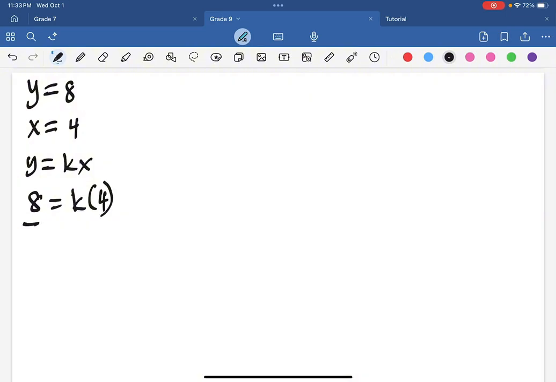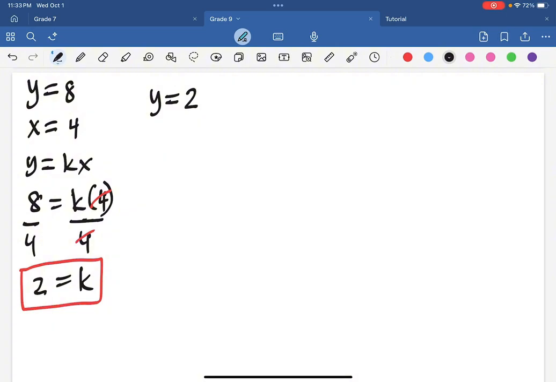Divide both sides by 4 so we get the value of the constant. Cancel 4. So the value of k is 8 divided by 4, which is 2. Now, based on the equation, we get y equals 2x.